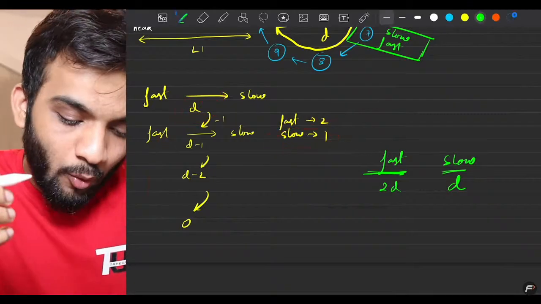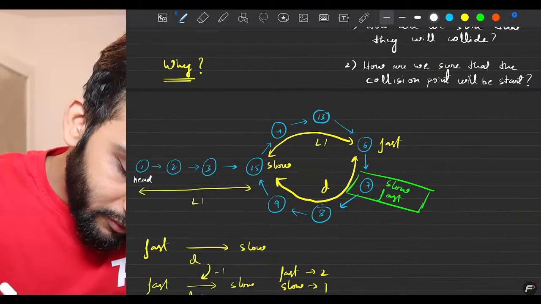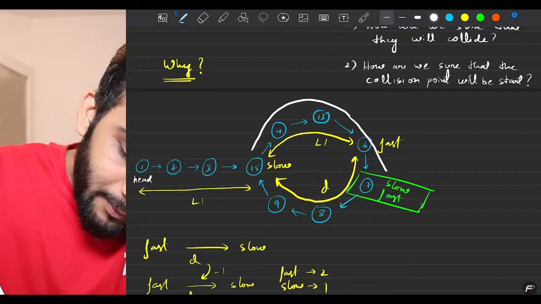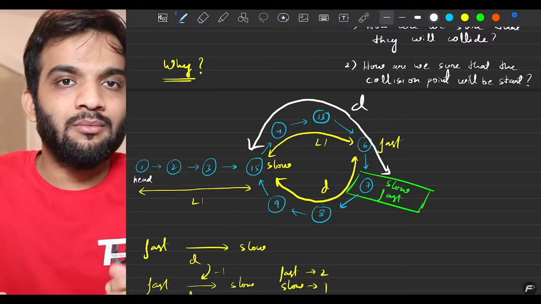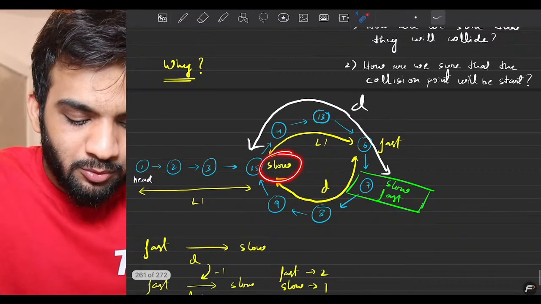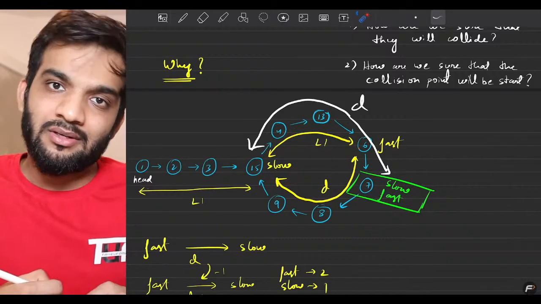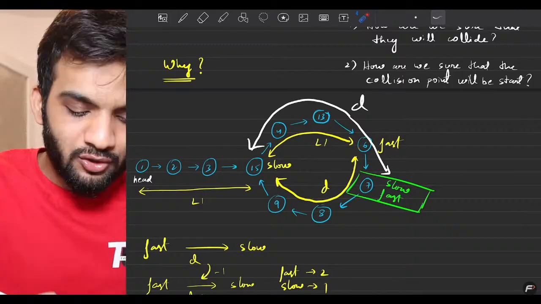So can I now go back and say this, that hey, from here to the collision point, very important, the distance is D because slow was moving away, D steps. I can. And let's see the initial configuration.